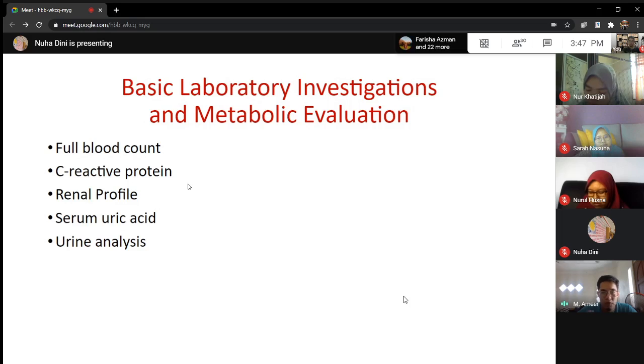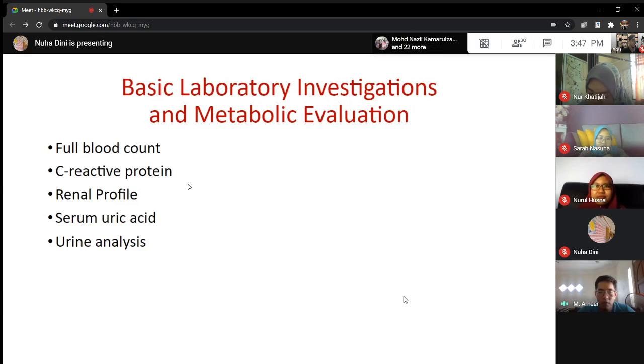Based on this, we want to know if the patient is having infection. We can look at the erythrocyte level. We can also look at the C-reactive protein to see if the patient is having infection.